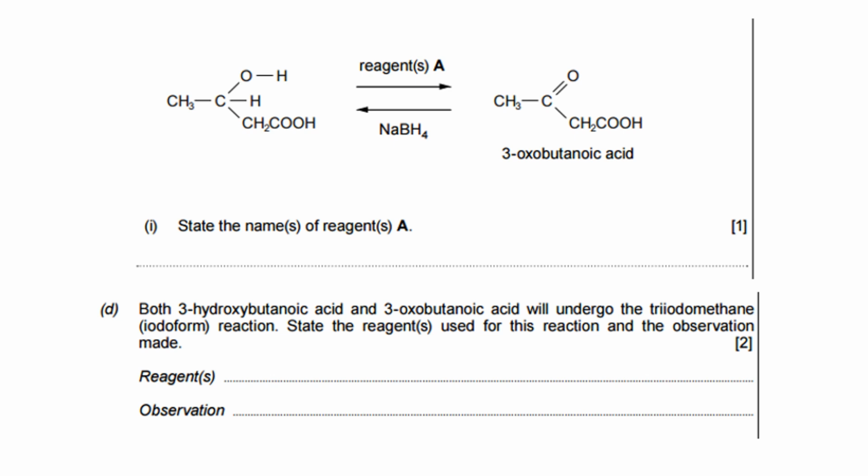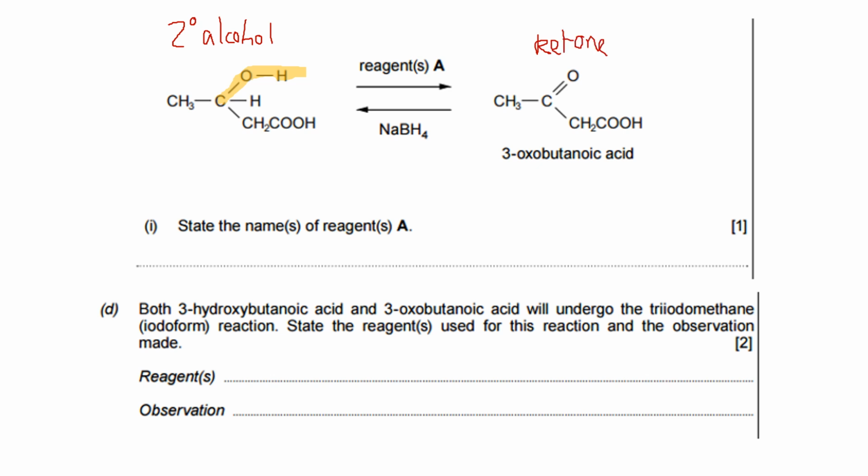So reagent A must be able to oxidize this molecule here. So it's worth looking at the structure and seeing that this is an alcohol group. So you've effectively got a secondary alcohol. And that is being converted into a ketone group.